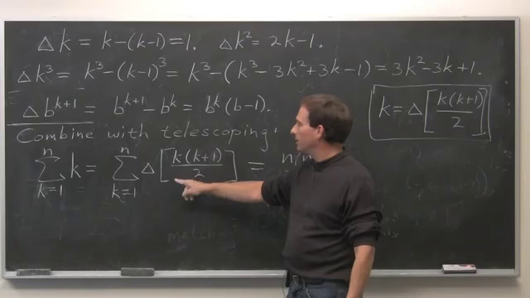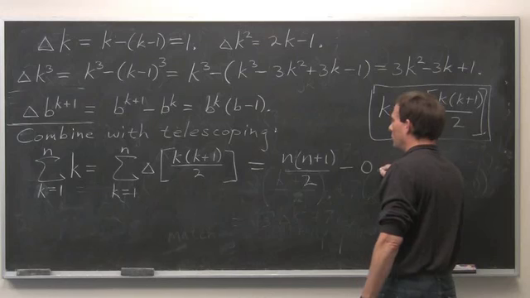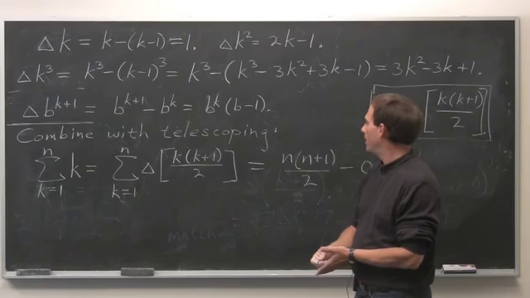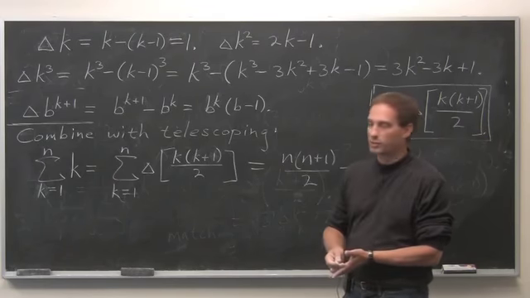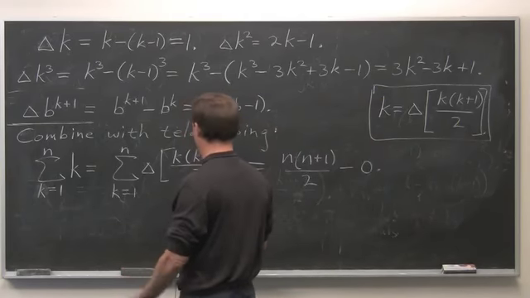I started at 1, so I put in k is 0. Oh, but then this is 0. So we just get that the sum as k goes from 1 to n of k is n times (n plus 1) over 2.